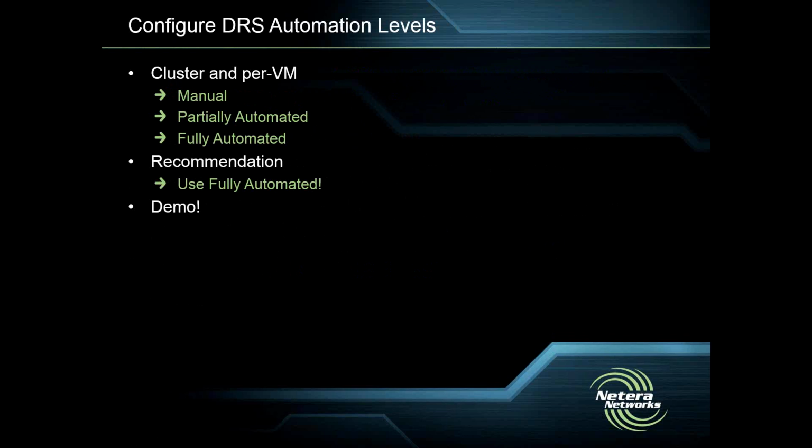So the recommendation today is to use fully automated. Just start it from day one and let it go. There's no real reason, other than to give you a warm fuzzy, to not use fully automated. Now there may be particular use cases, but for the most part, fully automated works just fine, and you should have faith in it.